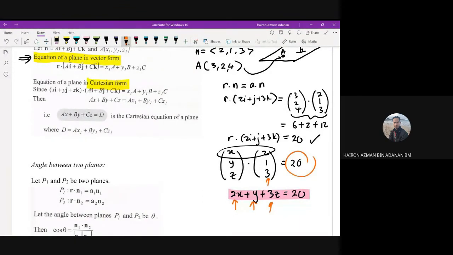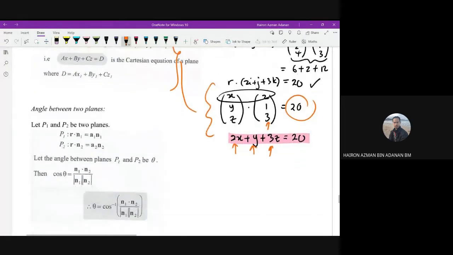So we check from the coefficients of x, y, z. That's the normal. So this is the explanation for this part. If you write x, y, z, I think it is difficult to understand, so I rewrite again with values, so it is easier for you to understand. Okay, settled. This is your Cartesian form.